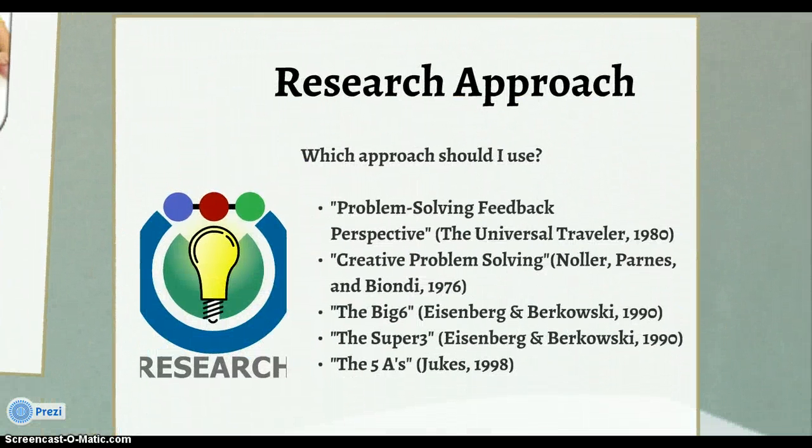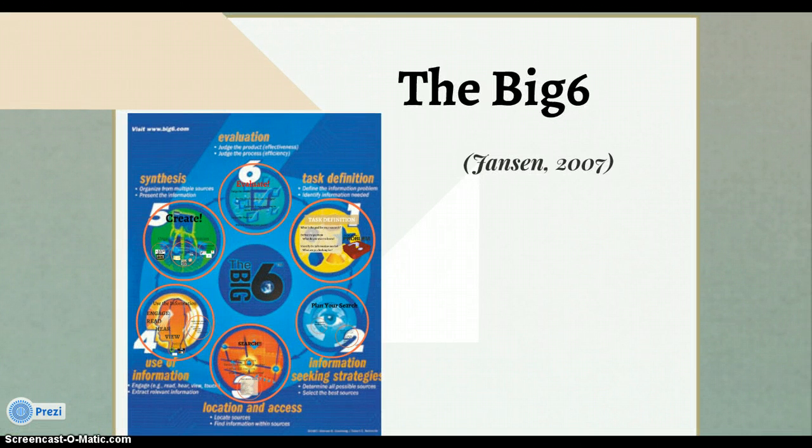The research approach. Which approach should we use? Over the years, there have been many research approaches developed and incorporated into the research curriculum. Of course, the age of your students will depend on the approach and skills that you teach. In my district, we use the Big Six approach, created by Michael Eisenberg and Robert Borowski.